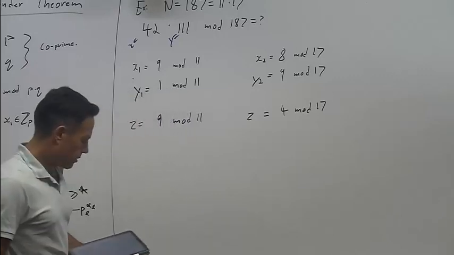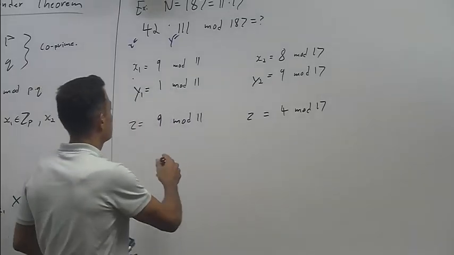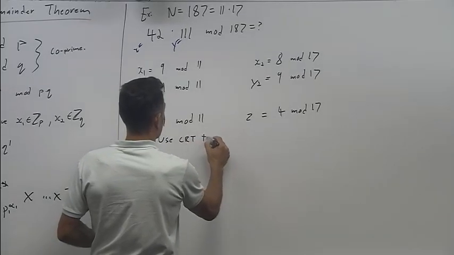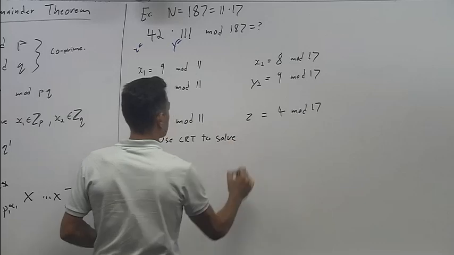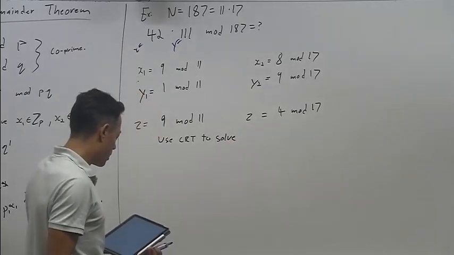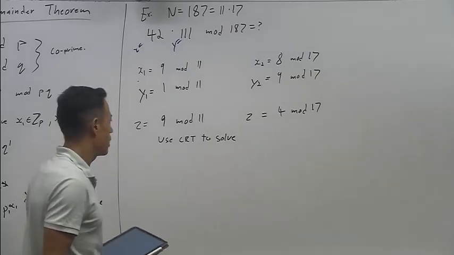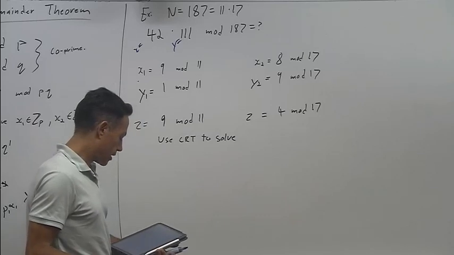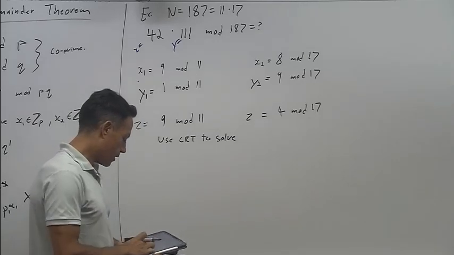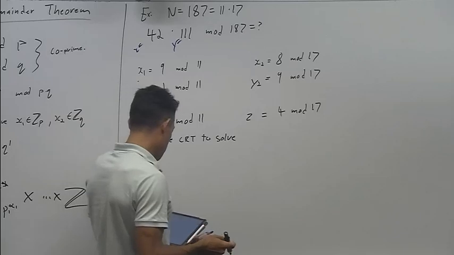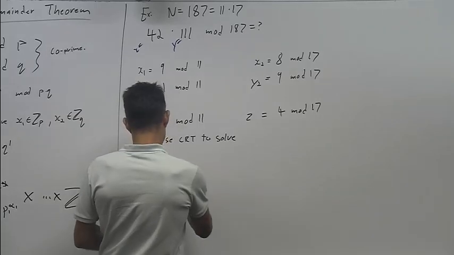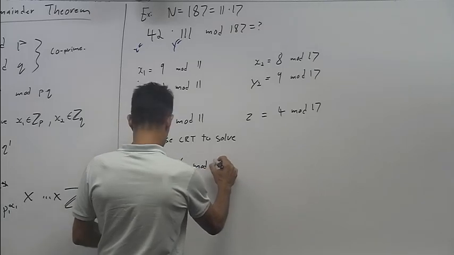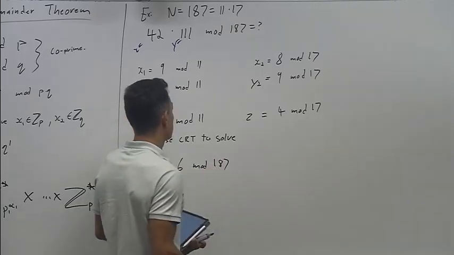And then in polynomial time, we can actually use CRT to solve this. Or if you have pre-calculated what P prime and Q prime are, you can get this fairly quickly. So I happen to have those already, but you end up with that.